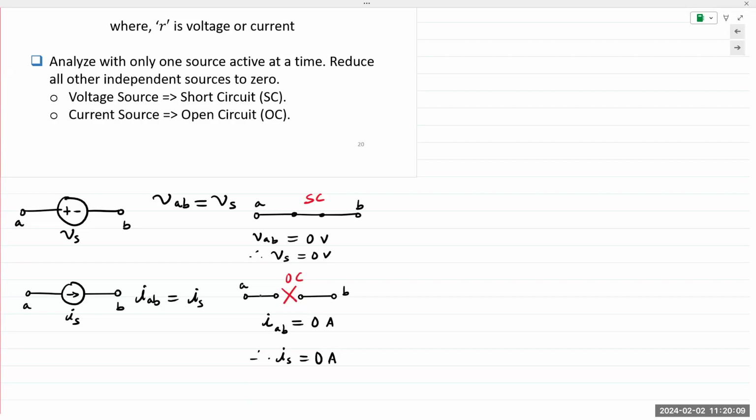So a dependent source cannot be reduced to 0. Only independent sources, the circular ones, can be reduced to 0. And reducing to 0 means replacing a voltage source with a short circuit and a current source with an open circuit.